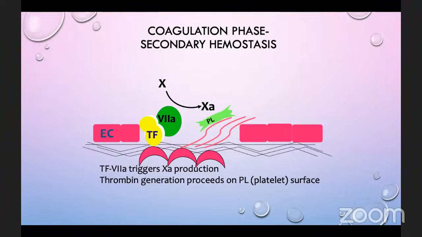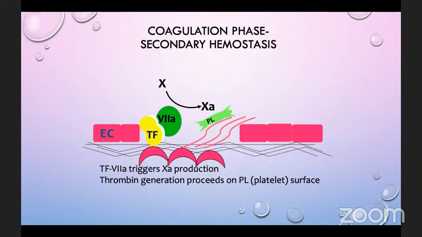After which the secondary hemostasis occurs, whereby during the secondary phase, there is activation of the coagulation factors per se, all right? The initial reaction that happens there is that the tissue factor binds to factor 7, which activates factor 7A, triggers 10A, and then you have downwards your coagulation cascade.